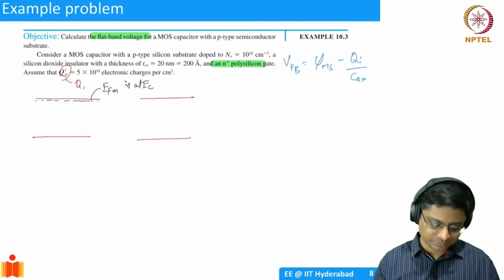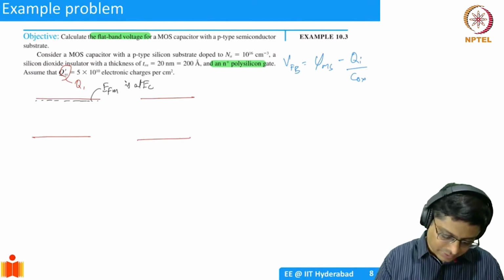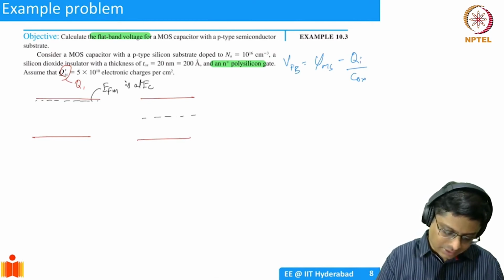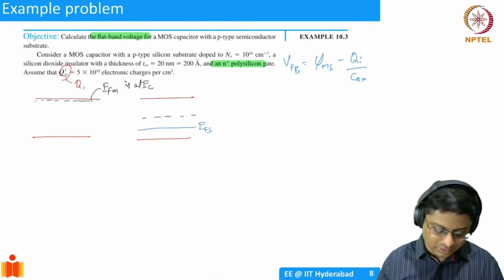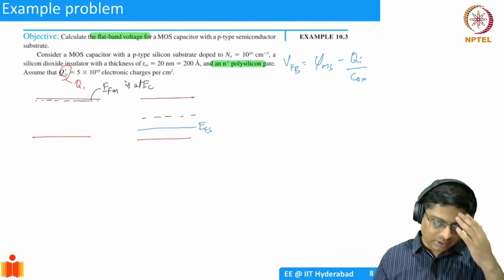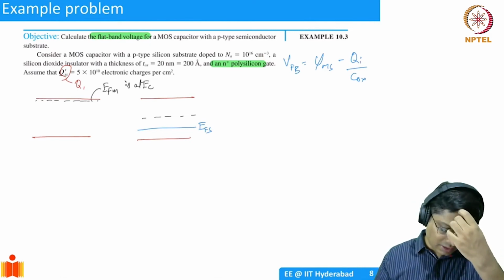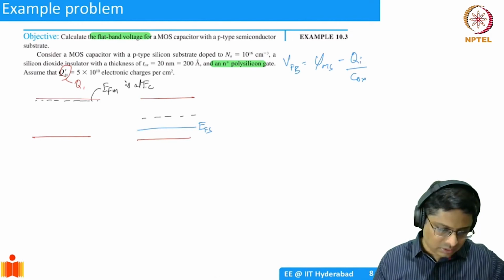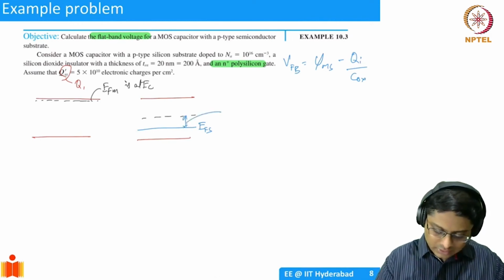I'll assume that. What about the p-type? Well, you have this EI, and then there is the EF of the semiconductor, whatever it is. So how much is that distance? For this particular doping, I need to find out what this distance is.